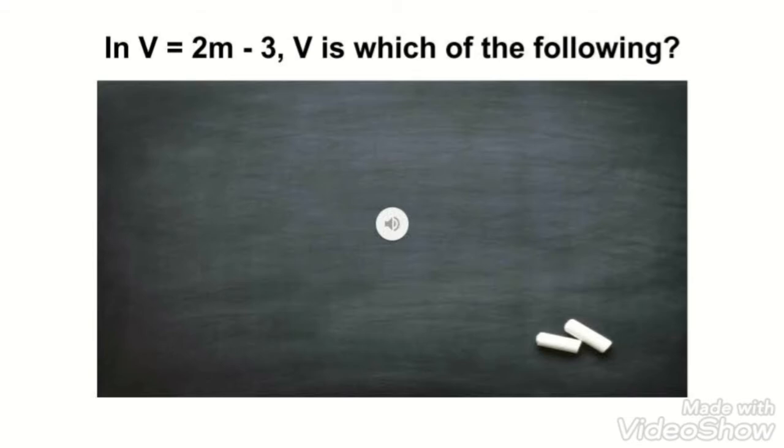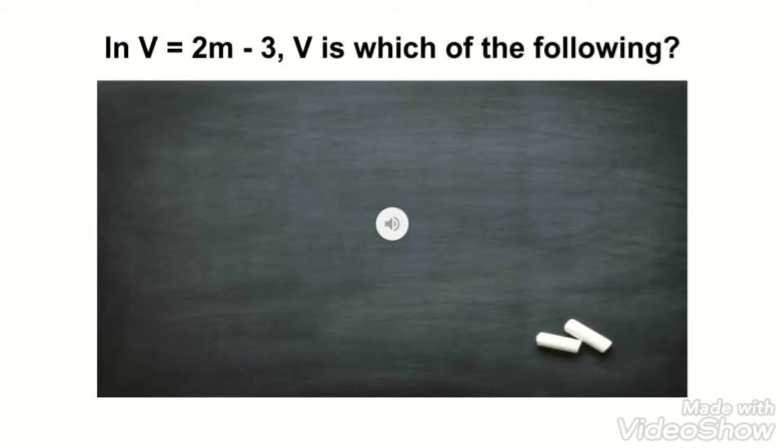And this next one may be a little tricky, but hopefully you won't see something like this unless you see multiple choice answers. Because if you don't know anything about it: in V equals 2m minus 3, V is which of the following? Just thinking about our definitions.